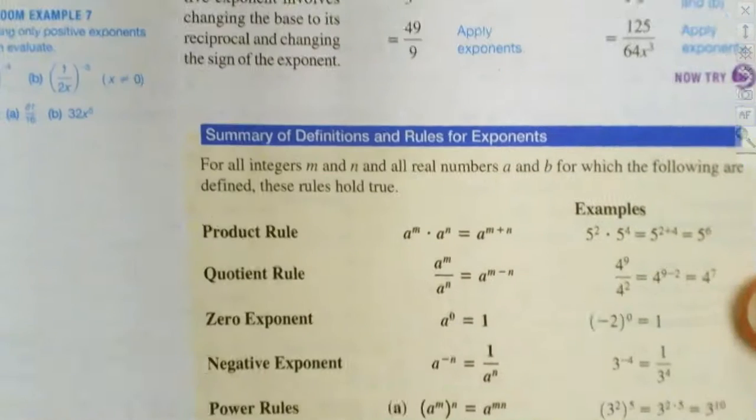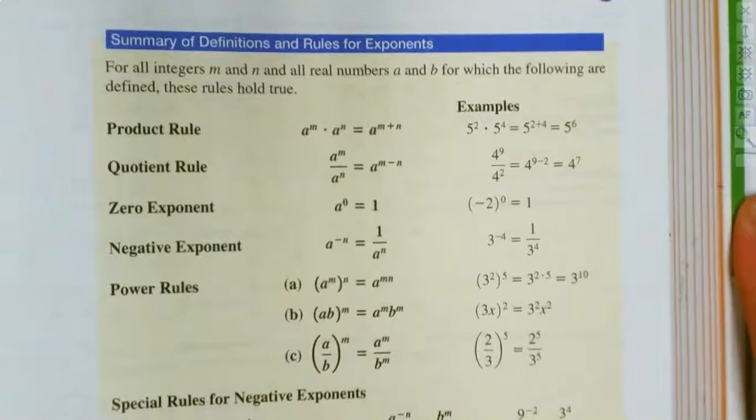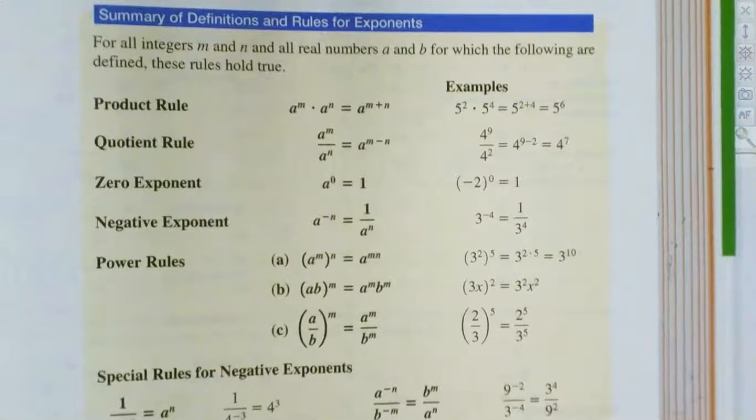So we're going to go through these rules here. These are on page 285 at the bottom. We're going to go through all of these rules, and we're going to go through examples. We'll do an example with numbers, and we'll do an example with variables as well, just so you can see how these work.